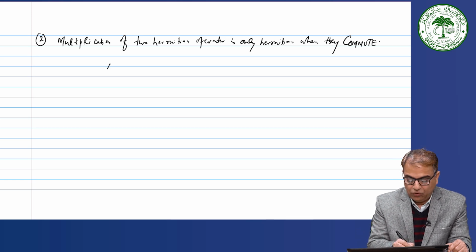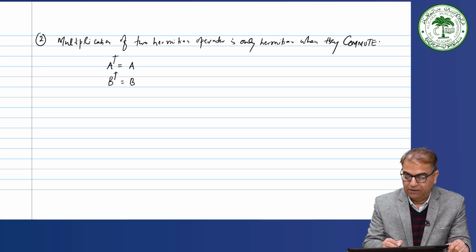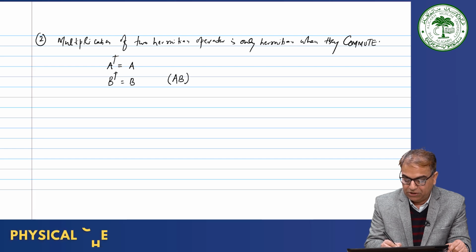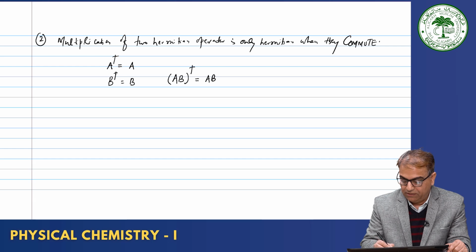It means if you have two operators, A, which is a Hermitian operator, and B, which is a Hermitian operator, then AB is a Hermitian operator only if A and B commute.